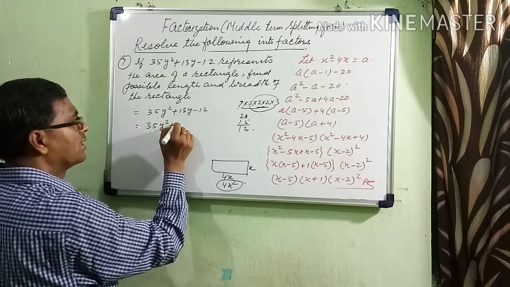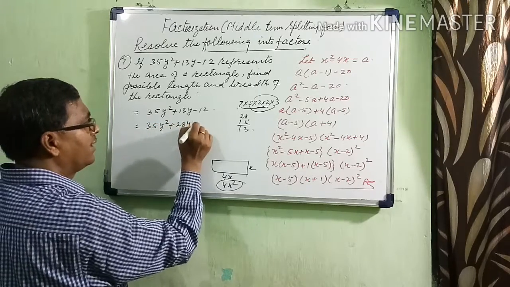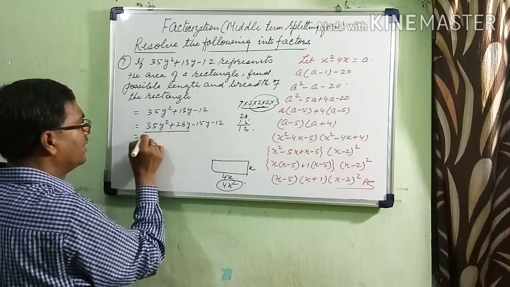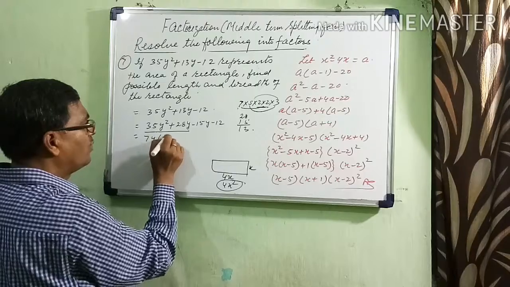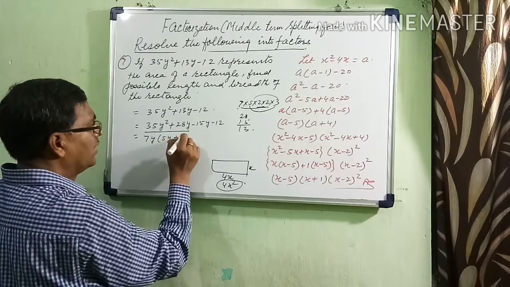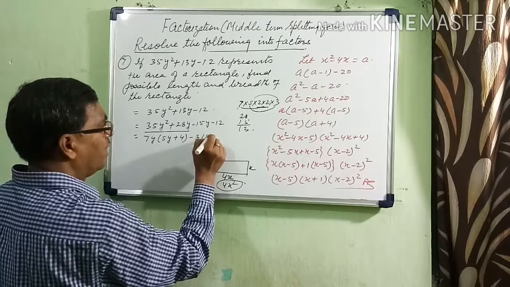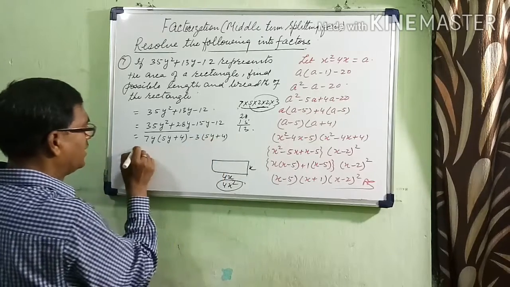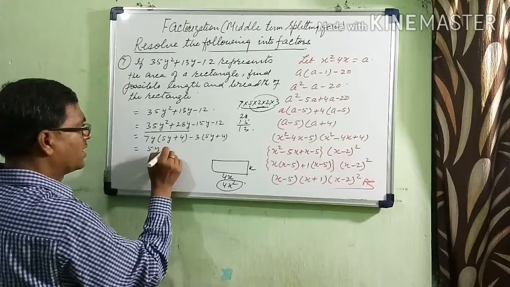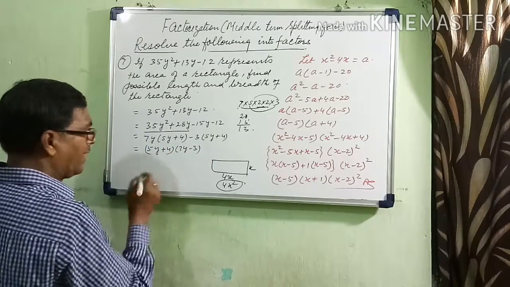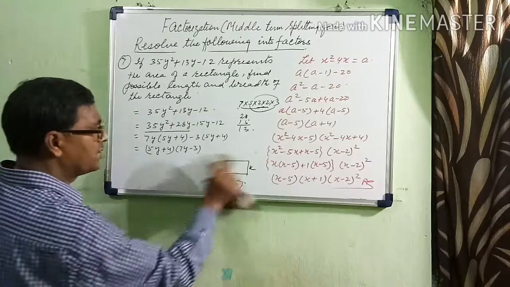35y square plus 28y minus 15y minus 12. And from here 7y common, 5y plus 4, minus 3, 5y plus 4, then 5y plus 4 and 7y minus 3, and then it will be equal to how much?